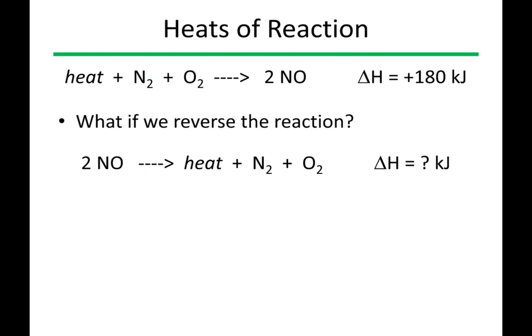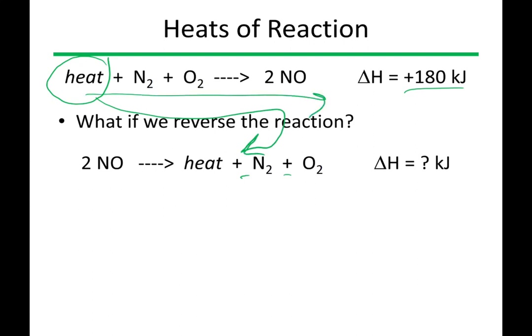What if we take this reaction and now we flip it? This is a little bit different because we still have the same ratio of everything as before, but by reversing the reaction, we took heat and switched it from being a reactant to now being a product. So if this reaction requires heat, the reverse reaction is going to release it.